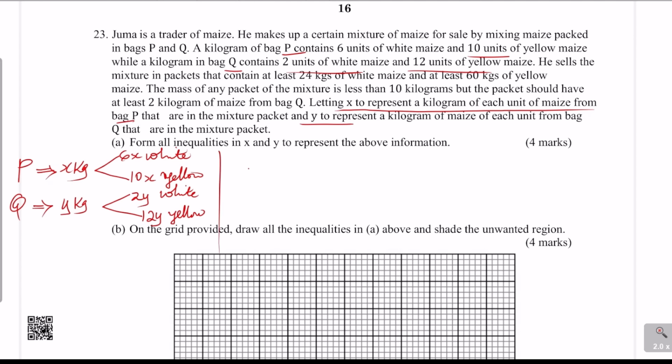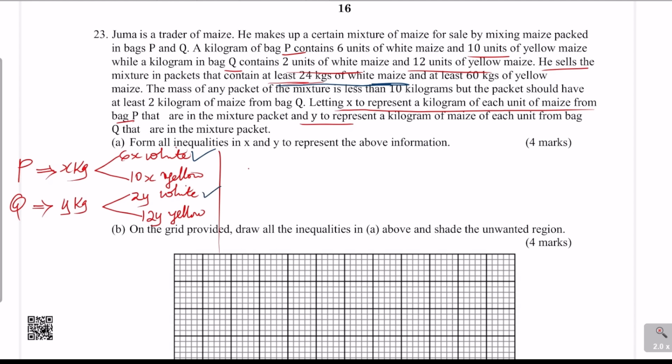Now after identifying that, we can write the inequalities. From the other statement, he sells the mixture in packets that contain at least 24 kg of white maize. So at least 24 kilograms of white maize. Where do we have white maize? We have it here, 6X, and then we have 2Y.